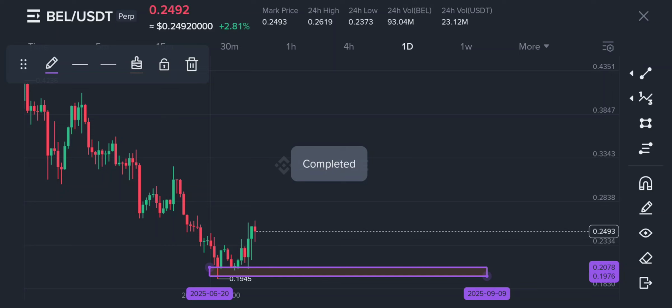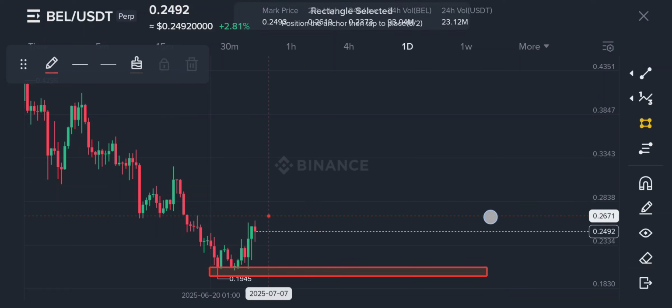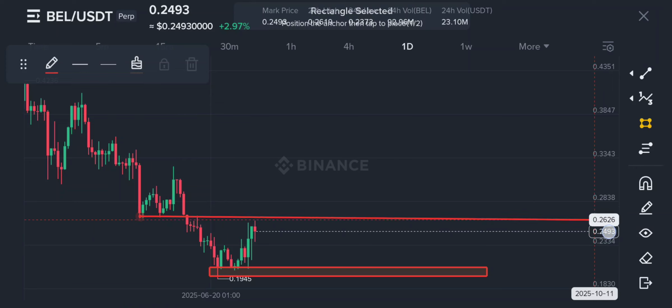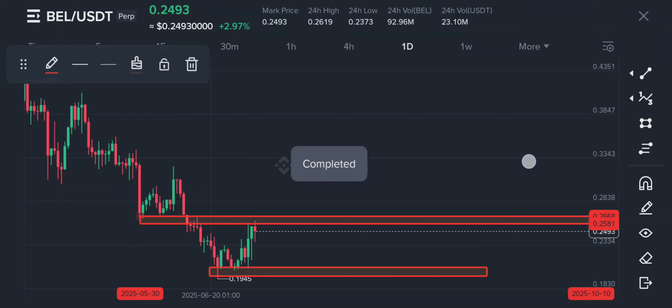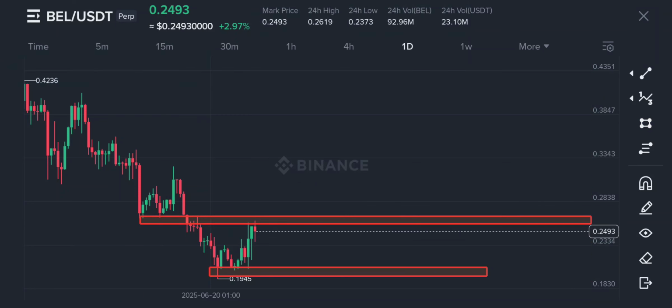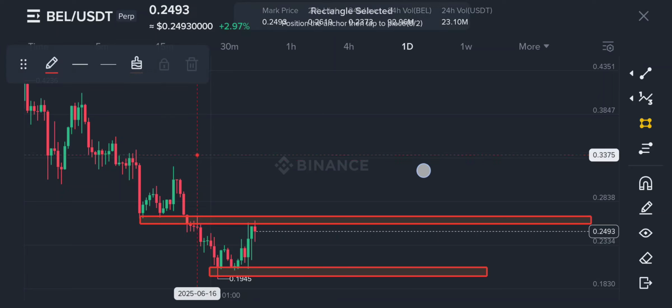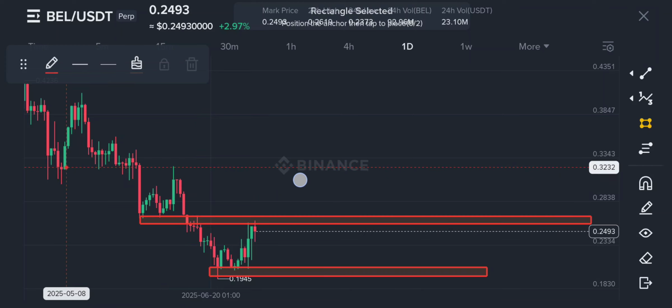First thing, let me identify our point of interest. This also should be a point of interest. And we are going to have another point of interest here.